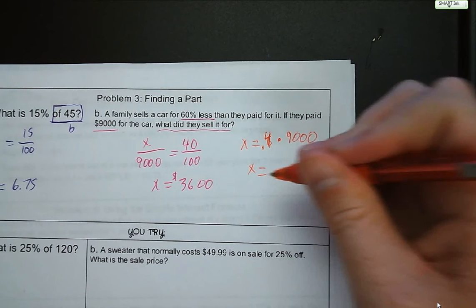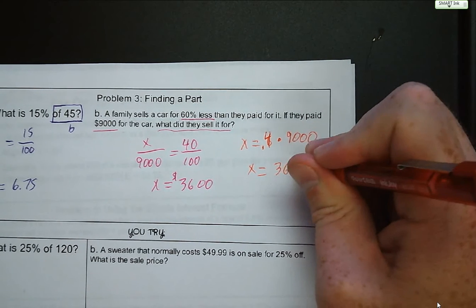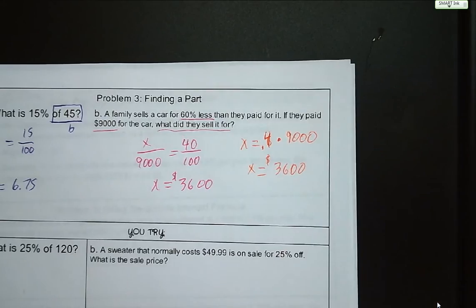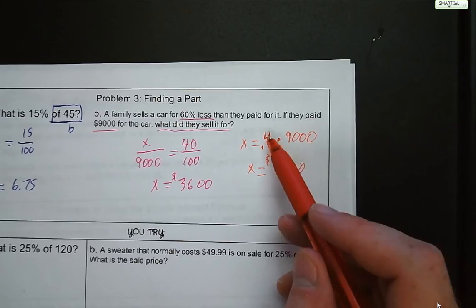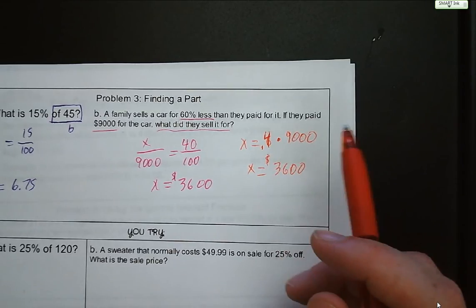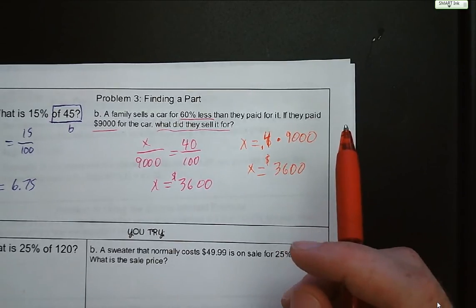And you're going to get the same answer, 3,600. All right? But you just have to remember to make that percentage a decimal.